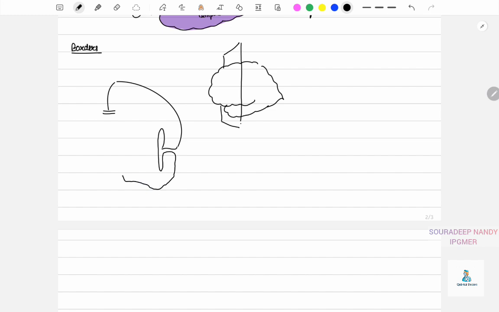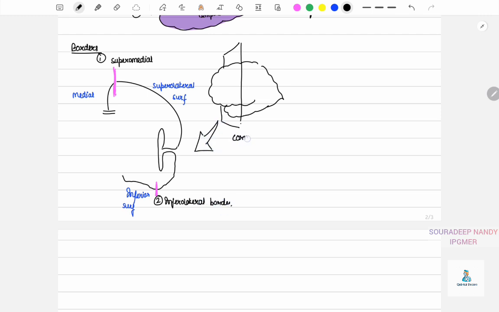So here we have this one border which is termed the superomedial border, which separates the medial surface from the superolateral surface. Now here is another border which separates the superolateral surface from the inferior surface. So this border is termed the inferolateral border.